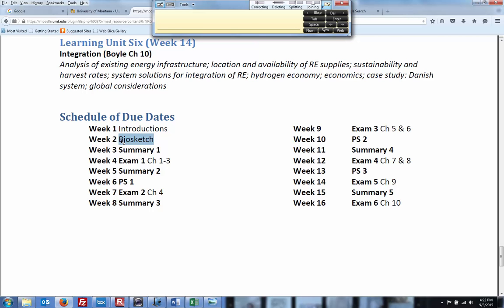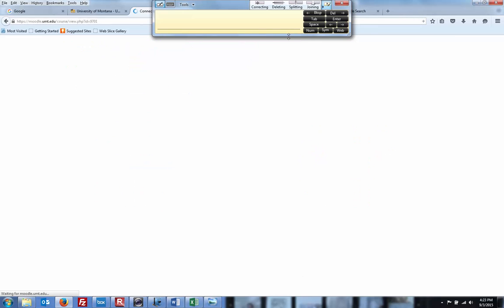But then let's look at summary 1, so you can at least get reading on that as well. Exam 1 is not until week 4, so we've got plenty of time to get through the first 3 chapters, kind of a chapter a week, and we got through almost half of chapter 1 today. But let's take a look at that first summary.